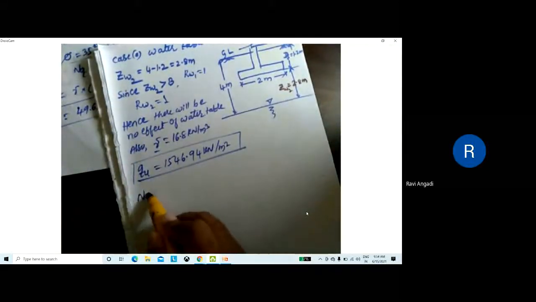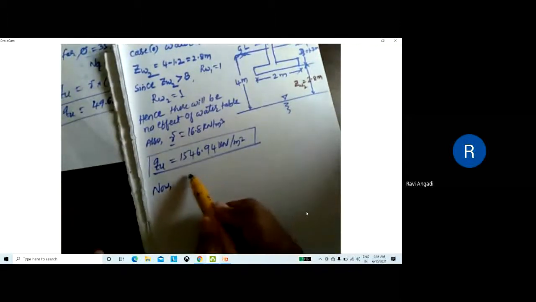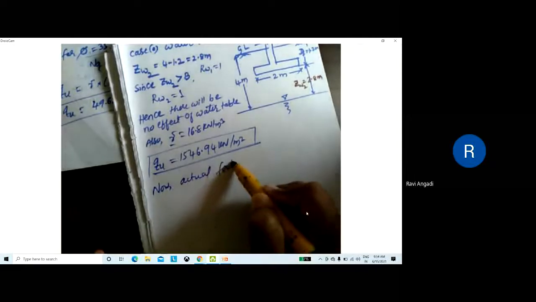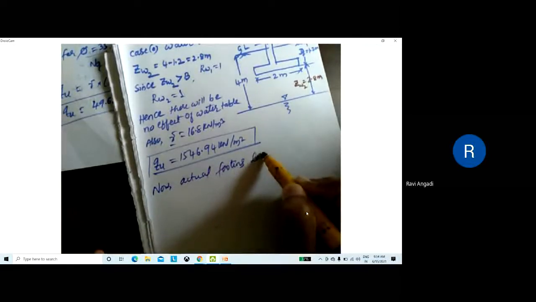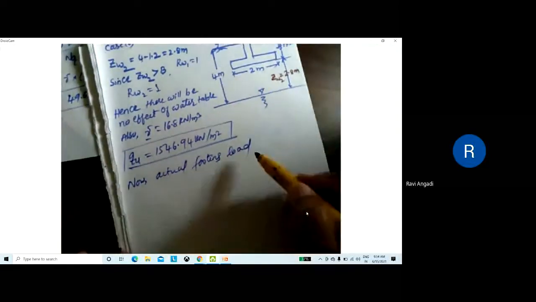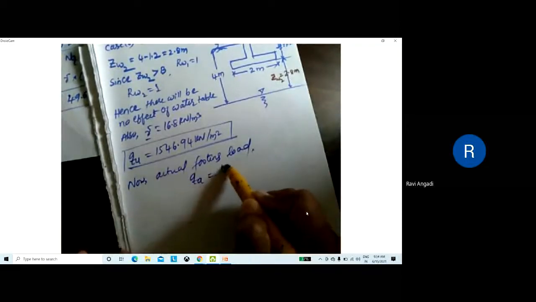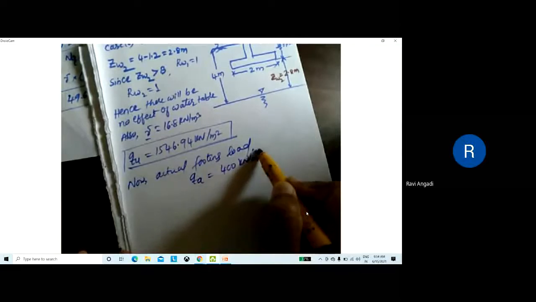Now, you have to calculate first the actual footing load. You can take Q actual equal to 400 kilonewton per meter square.